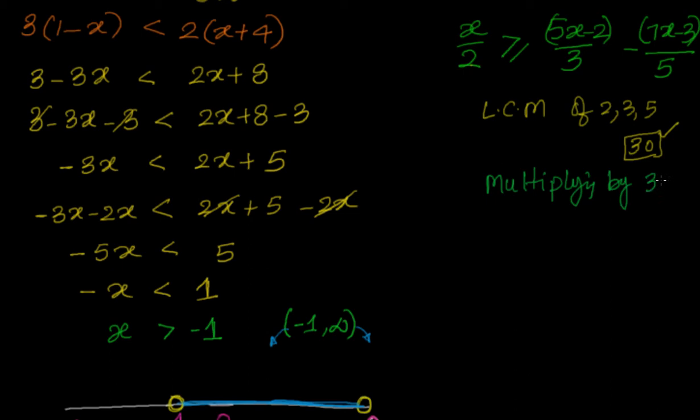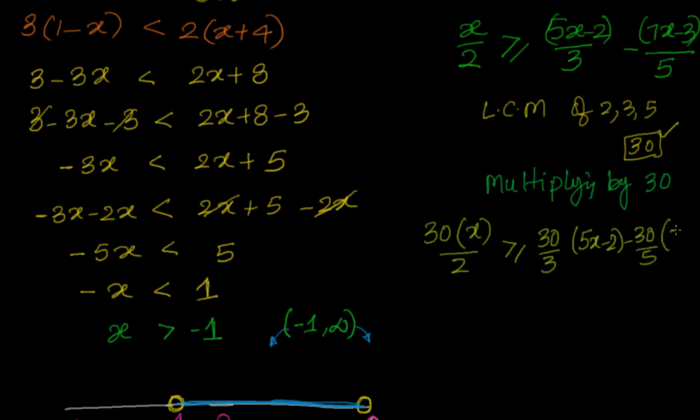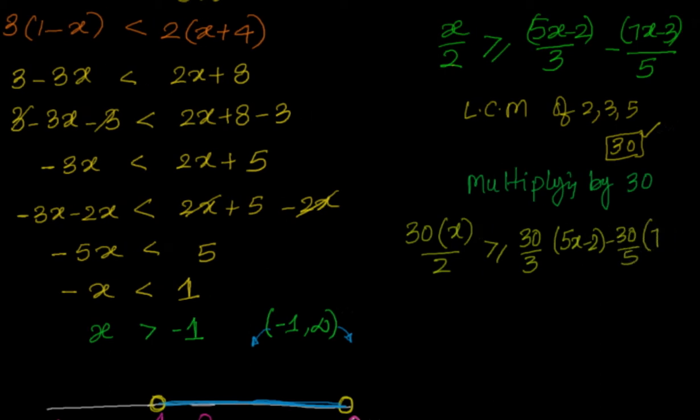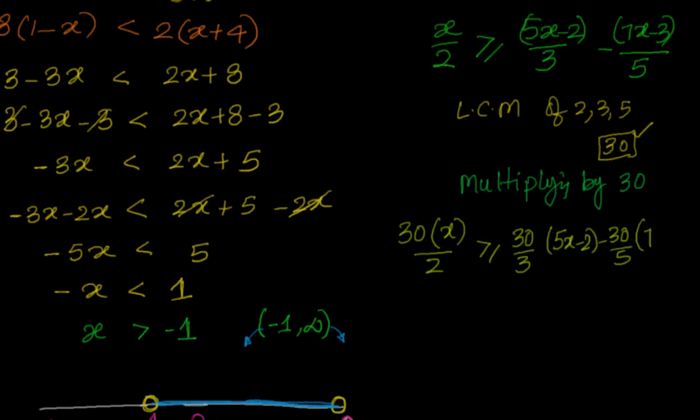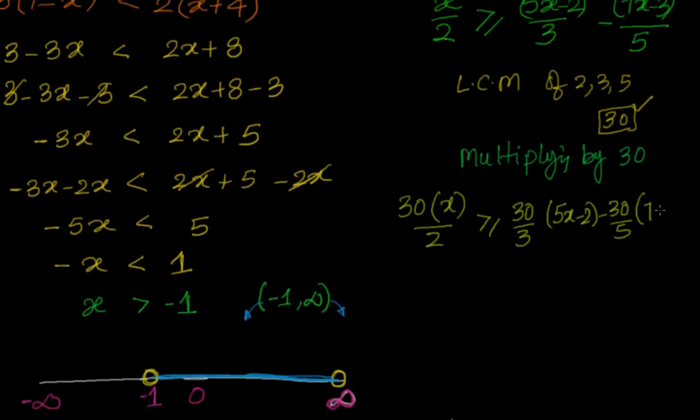Multiplying by 30, what we'll have is 30 into x by 2 greater than or equal to 30 by 3 into 5x minus 2 minus 30 by 5 into 7x minus 3.